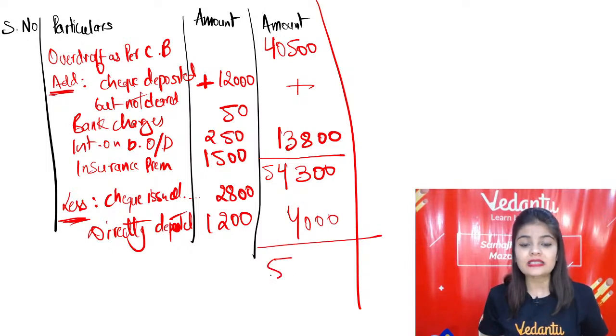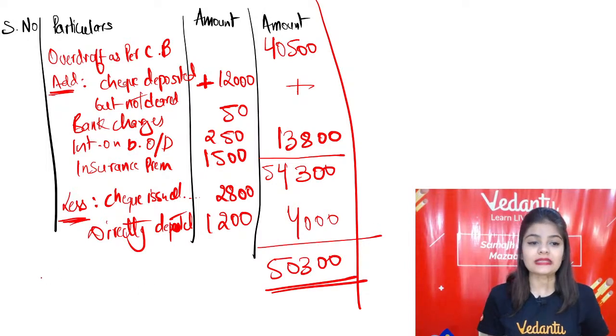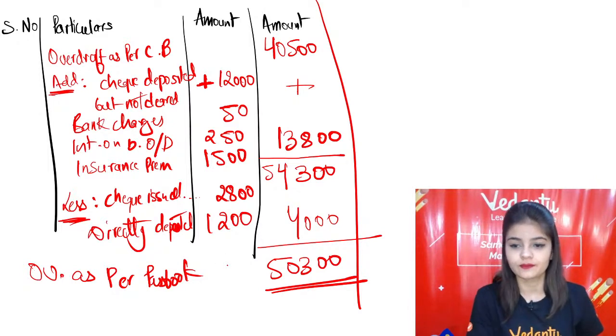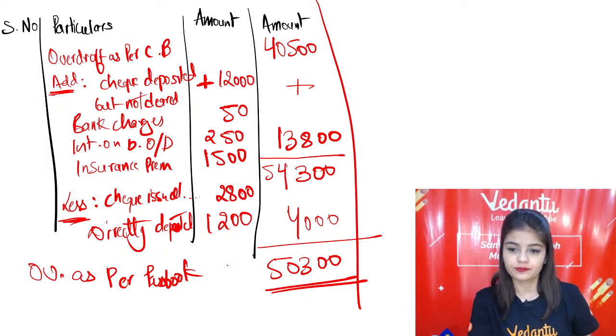Your answer is 50,300. And this is overdraft as per passbook.